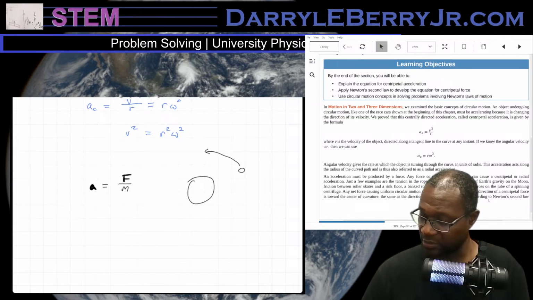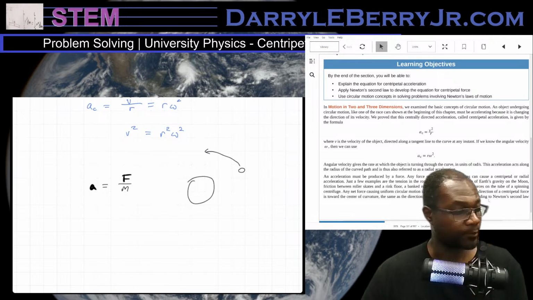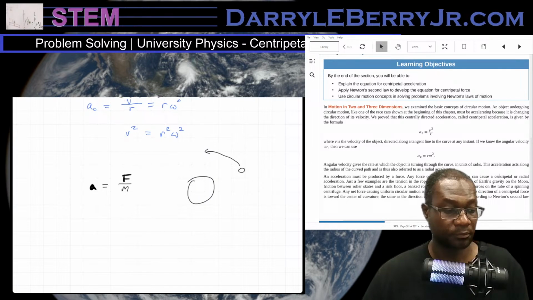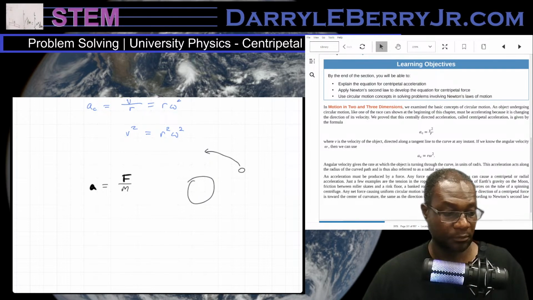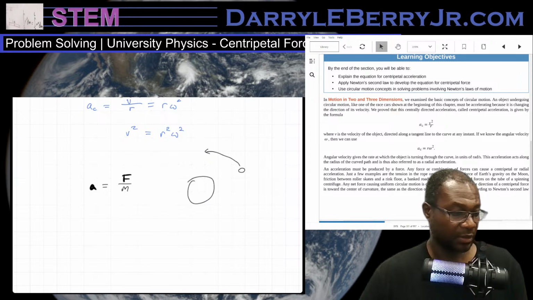Because there's an acceleration, a change in direction of the Moon, there must be a force that's causing that mass to accelerate. And the magnitude of that acceleration will be the magnitude of the force divided by the mass of the object. Acceleration must be produced by a force.